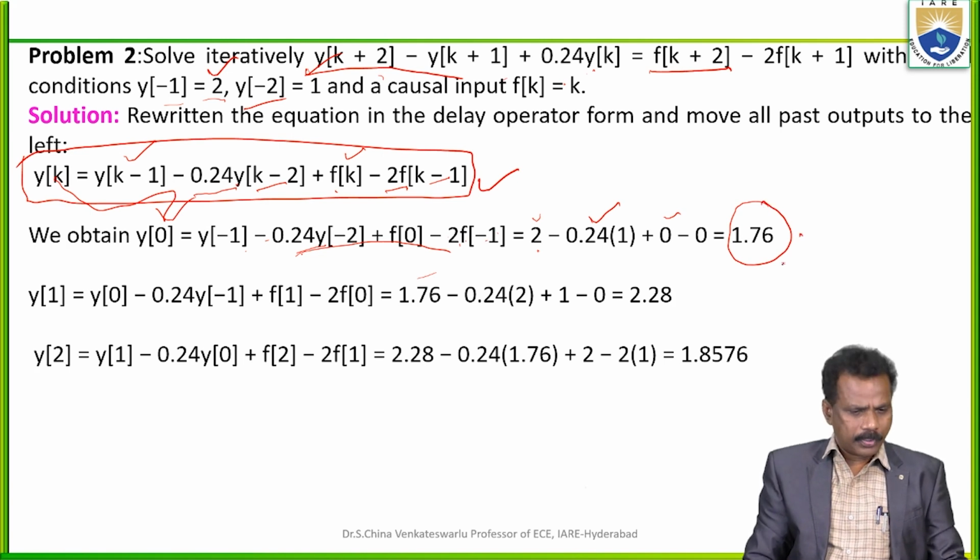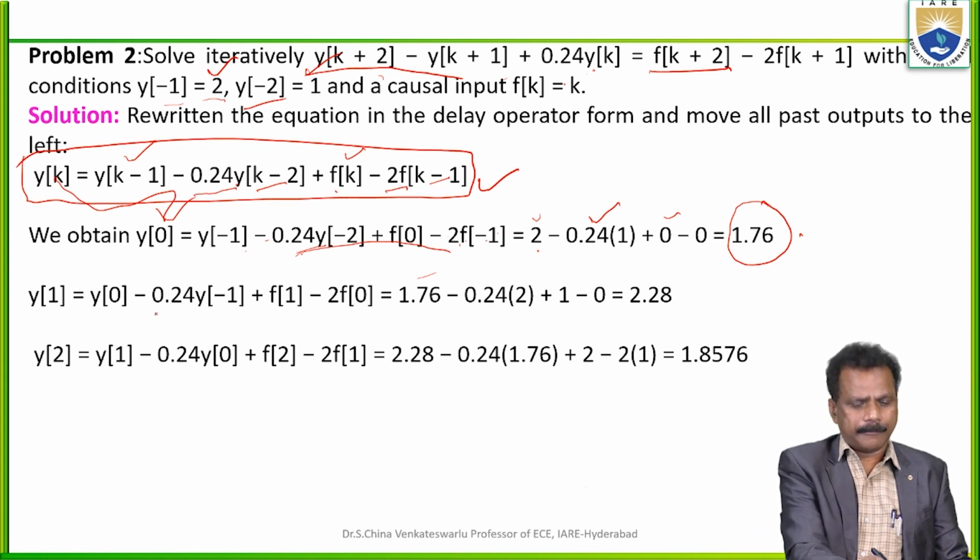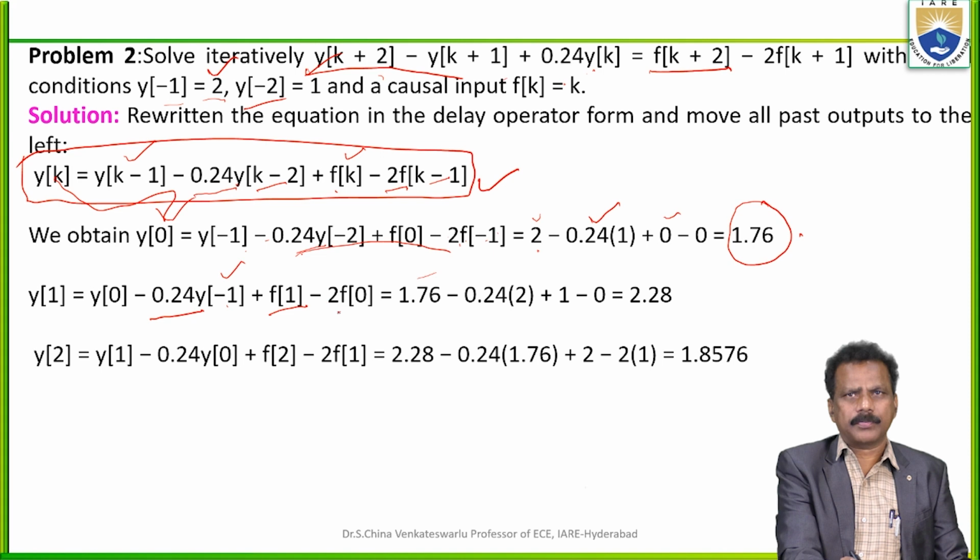Y of 1 is equal to y of 0 minus 0.24 y of minus 1 plus f of 1 minus 2 f of 0, which is 1.76 minus 0.24 into 2 plus 1 minus 0, that means 2.28.